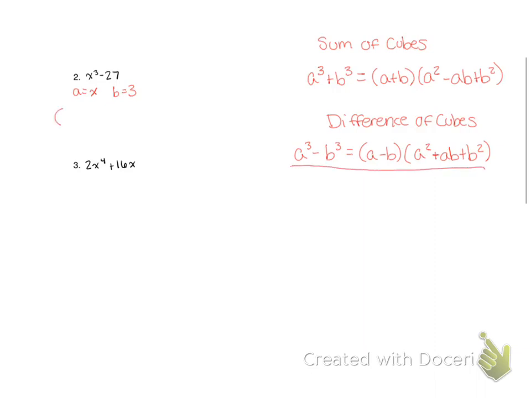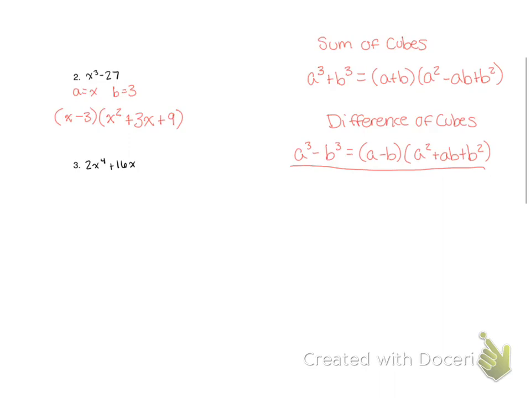So the factored form is a minus b. So we'll have x minus 3, a squared, which will be x squared, plus a times b, which is 3x, plus b squared, which would be 9. Okay? And 9 times out of 10, you cannot factor that one anymore. Very, very rarely can you factor that. So that's completely factored. Okay?